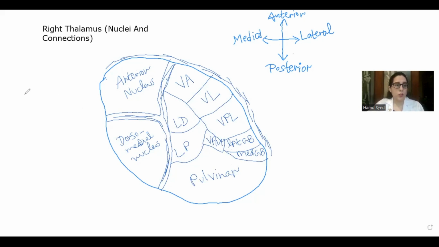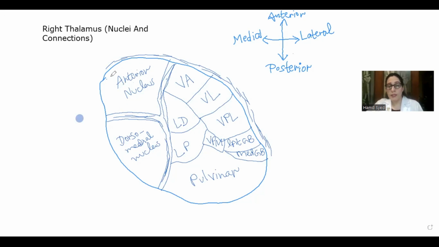Now, if we want to look at the functions of these different nuclei of the thalamus, well, I'm going to do this in a very simple color-coded way, so that it would be easier for you to remember and understand the functions.